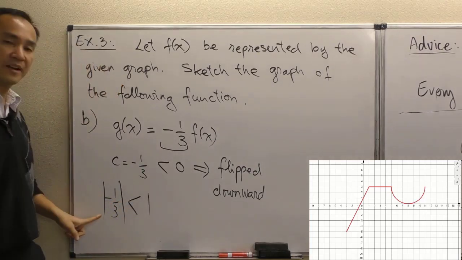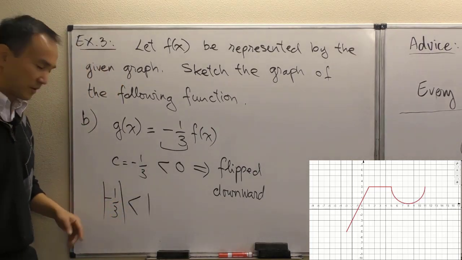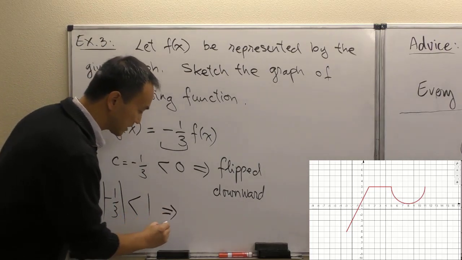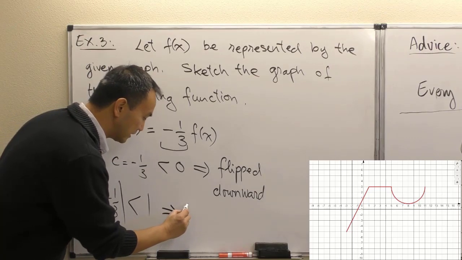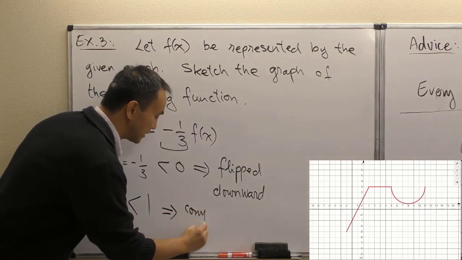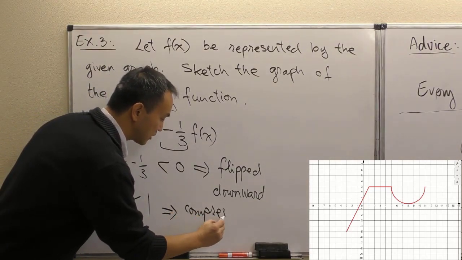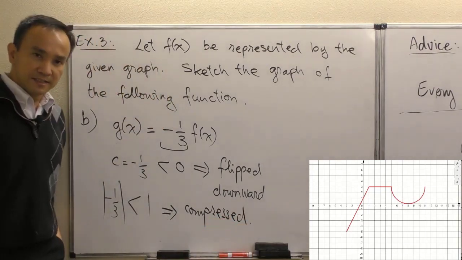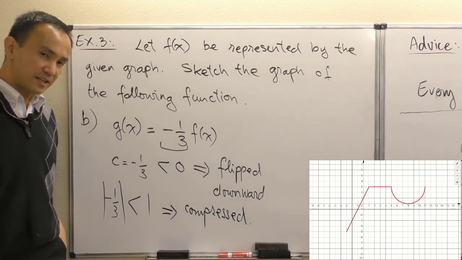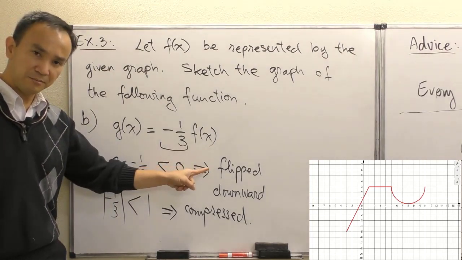The absolute value of negative 1/3 is less than 1. So even though I did not put in the graph yet, I'm expecting it's going to be vertically compressed, and also flipped downward.